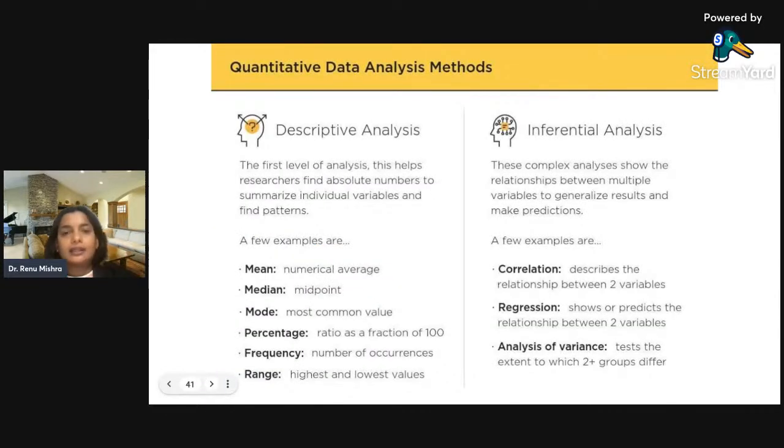Most importantly, when you talk about quantitative data analysis, here I would like to take your attention that you can describe your data by descriptive analysis, which comes under quantitative only, when you're talking about mean, median, mode, percentage, frequency rate, you can just describe the data also.